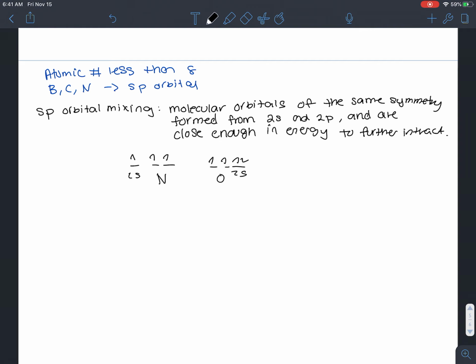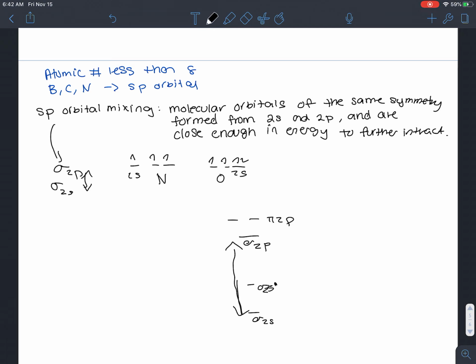Now, what happens is that because of the sp orbital mixing, the sigma 2s can combine with sigma 2p, but they don't want that. So to avoid that, they kind of push further away from one another. And that push then changes the rearrangement. So if you look at just the arrangement of the p's, this is our original arrangement. We have the sigma 2p, pi 2p, and yet the sigma 2s star on the bottom.